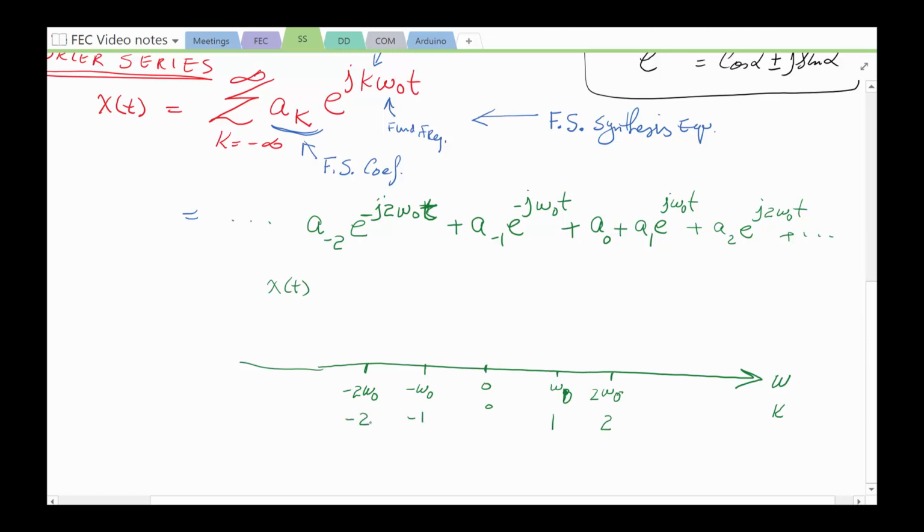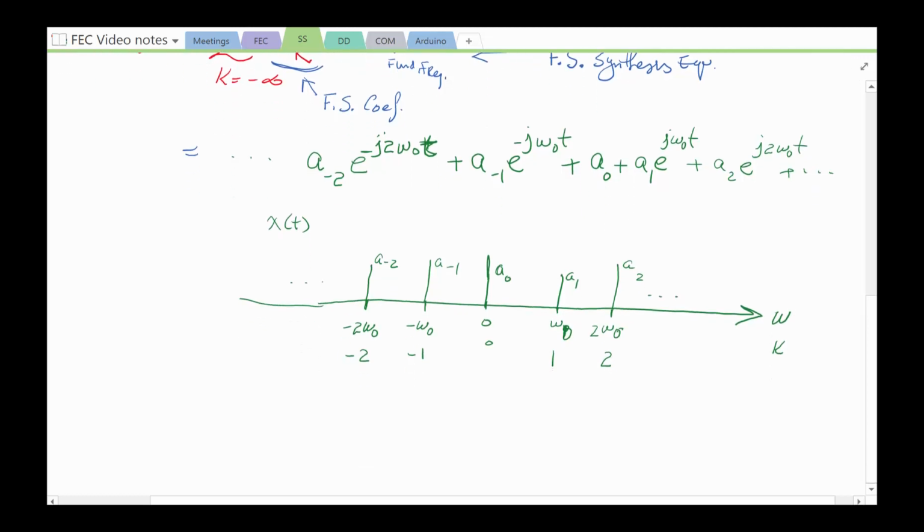So what's the magnitude of x at these? Those would be basically a minus 2, a minus 1, a0, a1, whatever the values are. I'm not necessarily drawing them to be the same size. They could be whatever size they are. And a2, and on in this direction, and on in this direction. Okay, so that's what it basically says.